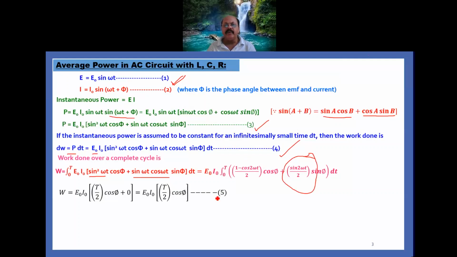So directly you have to write W equal to E naught I naught T by 2 cos phi plus 0. So you will get W equal to E naught I naught T by 2 cos phi. Mark equation number 5. Rearrange it and you have to write it like that.